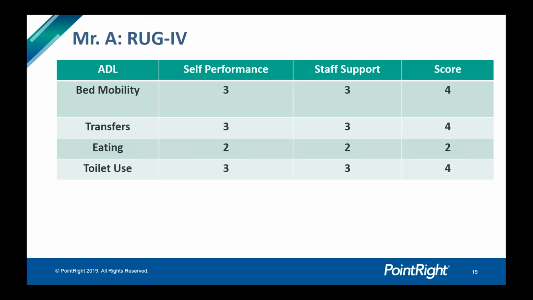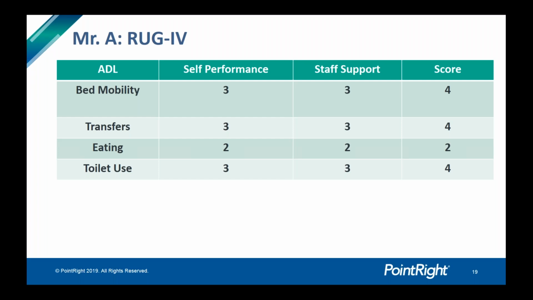And then toilet use is similar to transfers because toilet use includes transfers. He's not quite up to the point of transferring onto the toilet, but he is not bedfast, but he generally uses the bedpan. So, high level of self-performance. He's not total dependent.